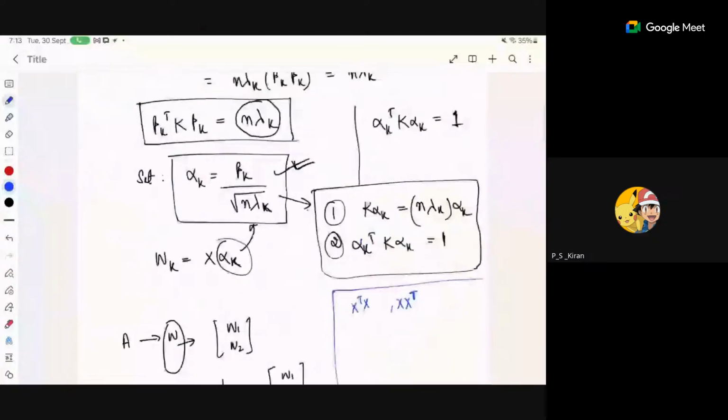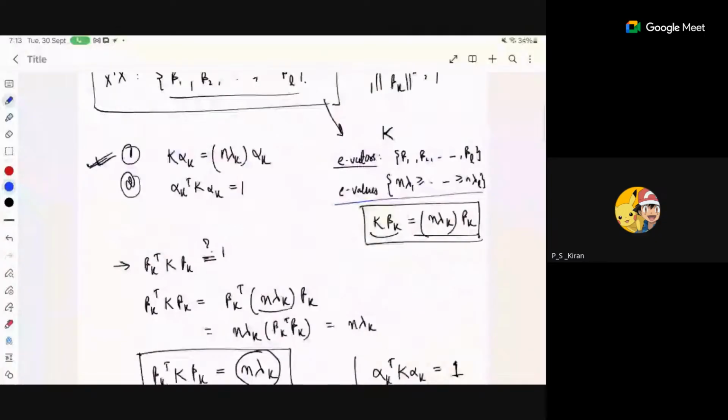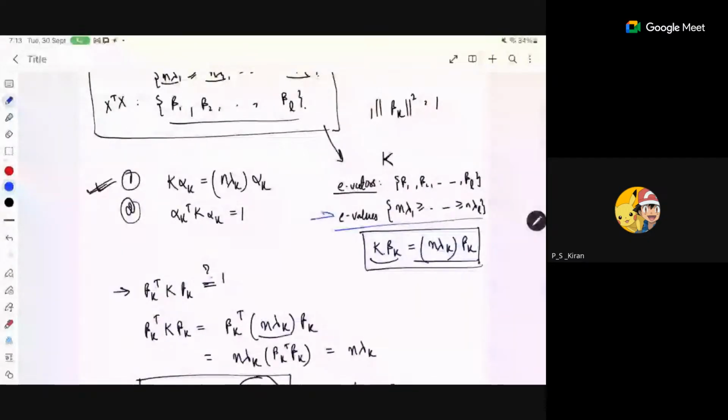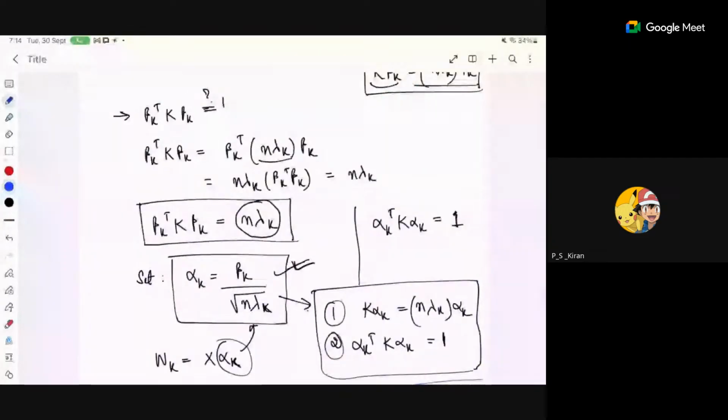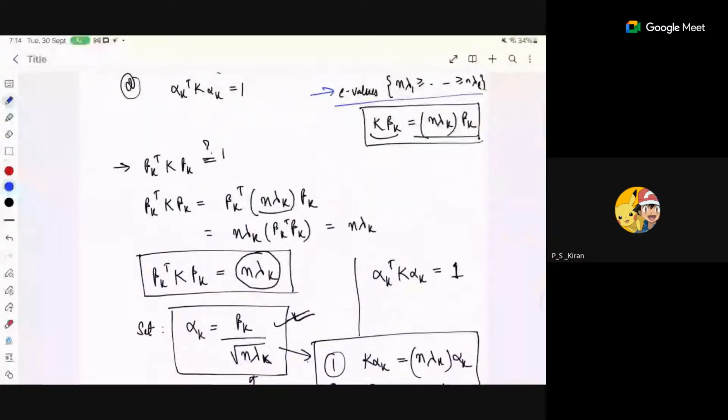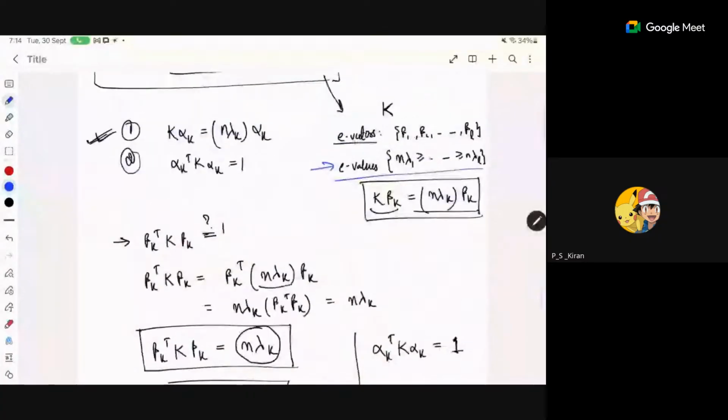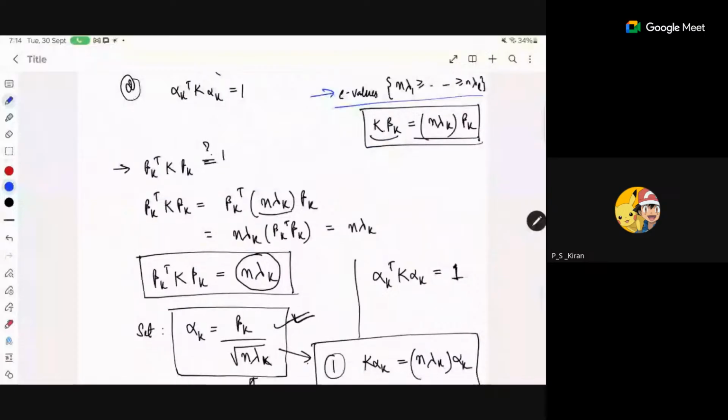Because they were the same, I was able to take the eigenvalues of K to be this. The non-zero eigenvalues will be the same. So with all these assumptions, what we have reached is that the eigenvectors we have for my matrix K, which is X transpose X, are going to be useful.